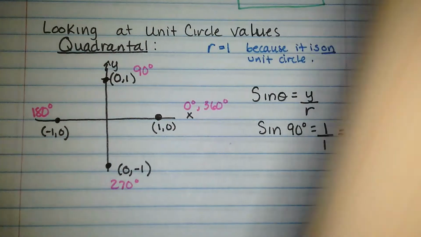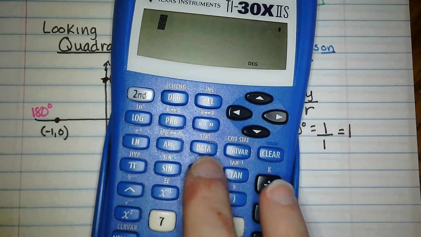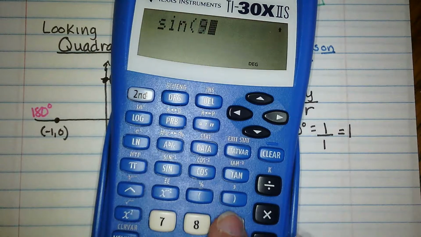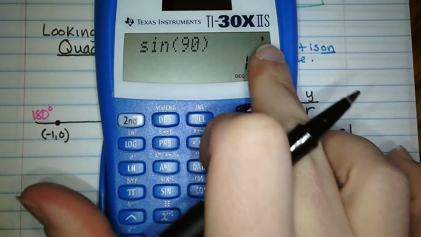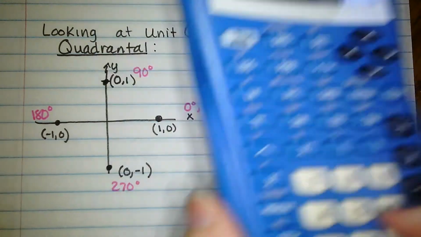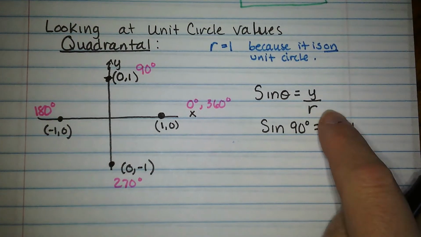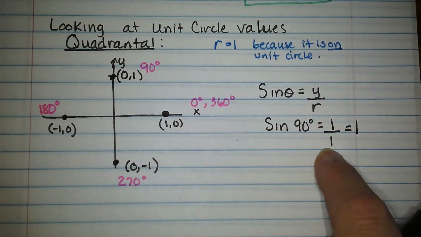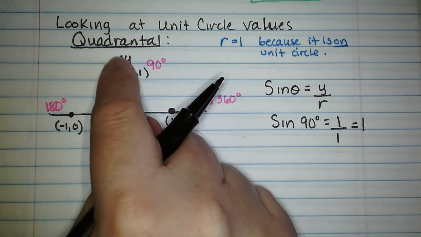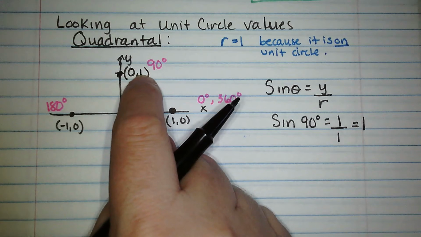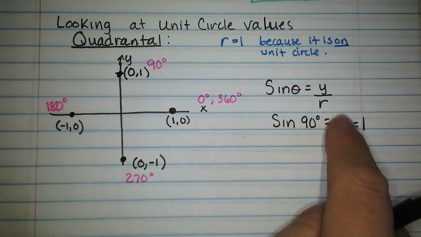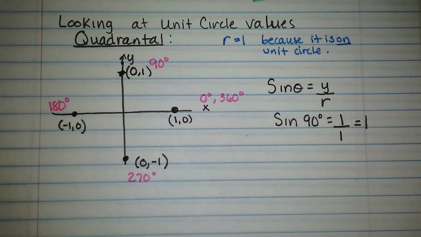You can actually verify that here by taking the sine of 90 degrees, and when I hit equals, I do get 1, and that's where it comes from. It comes from the fact that the ratio is y over r, and we just substitute those values in for our 90 degree coordinate. Now remember, the y value is here, so we need the 1, and the radius is 1 because it's on the unit circle.